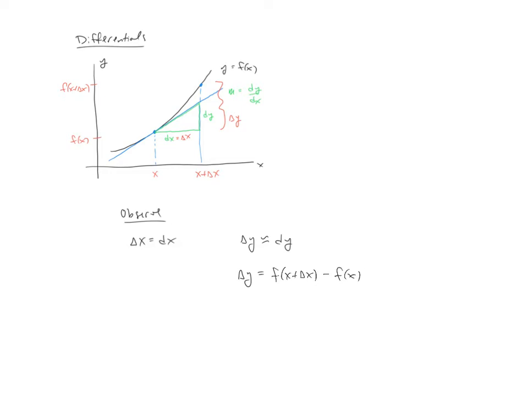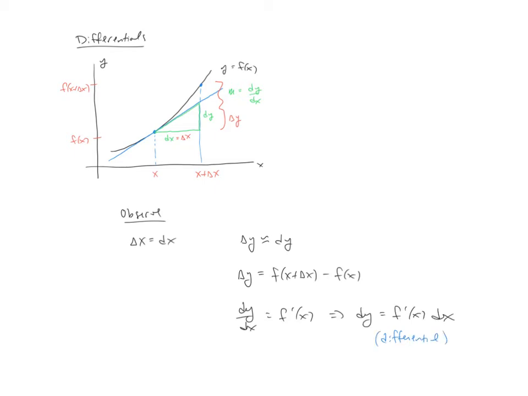Well, for dy, we're going to have to be a little bit clever. We know that dy dx together is the same thing as f prime of x. But if I now treat the dy and the dx independent of each other, I can multiply this dx to the other side, and I can say that dy equals f prime of x dx. And so this quantity right here represents what's called the differential.